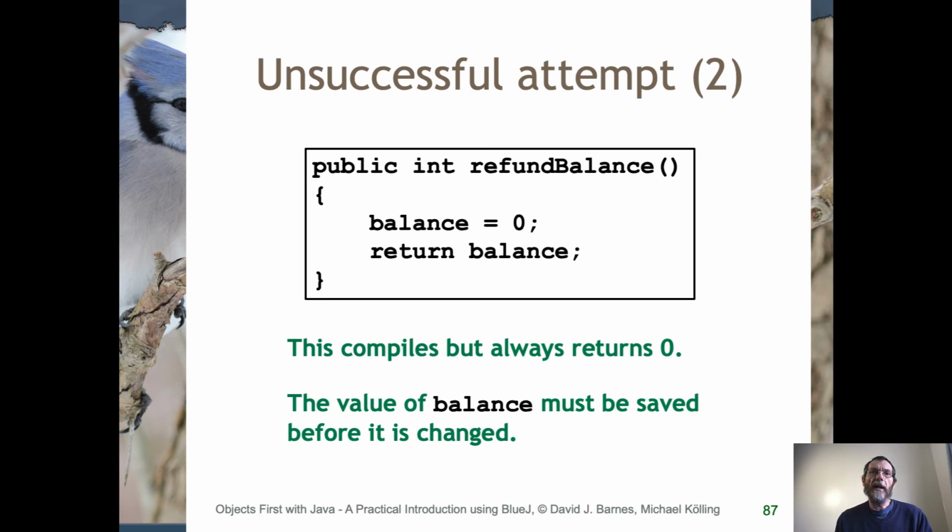And so when we then come to return balance, the sequence of statements means that we will have set balance to be zero, and therefore we are always returning zero. We've completely lost what the value of balance was before it was set to be zero. And this is a typical situation where a local variable is going to help us out.